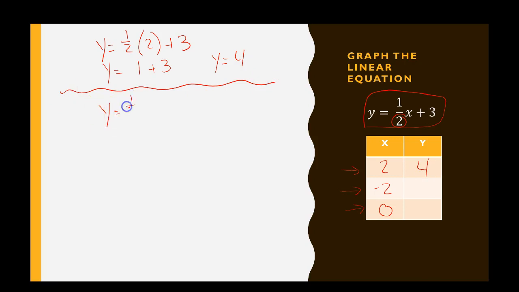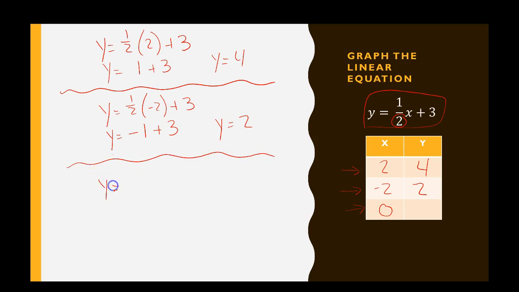For the second one, plug in a -2, and that's going to give you 1/2 times -2 is -1, and that'll give you y equals +2. And then the last one, you plug in 0, and that gives you y equals 3.